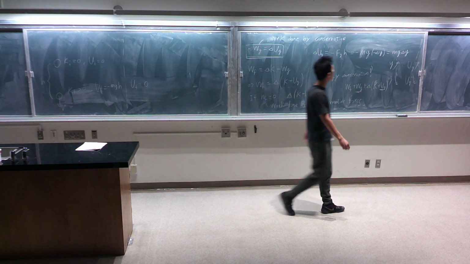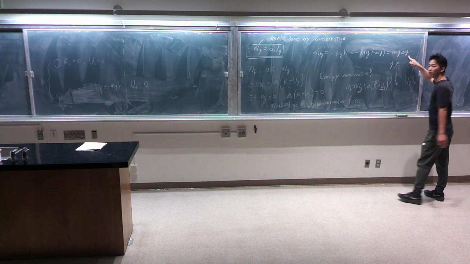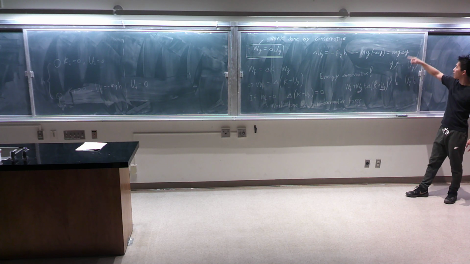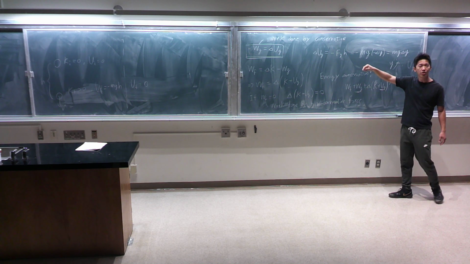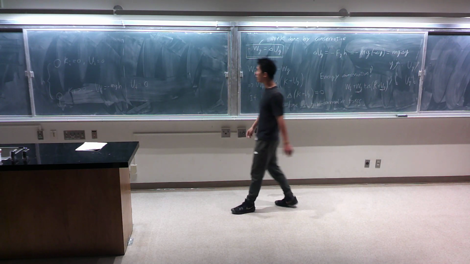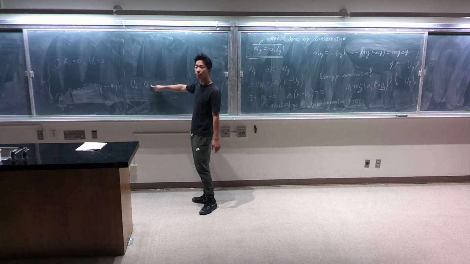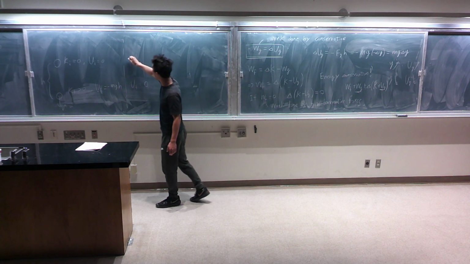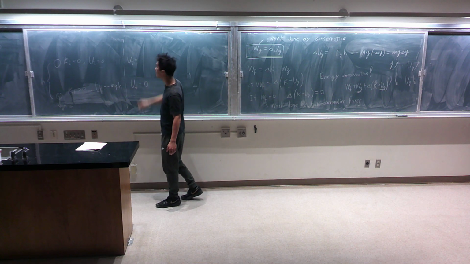So if your height is h higher, your y position will be h higher, and your potential energy should be mgh higher. So if I set the potential energy down here to be 0, what will the potential energy up here be?